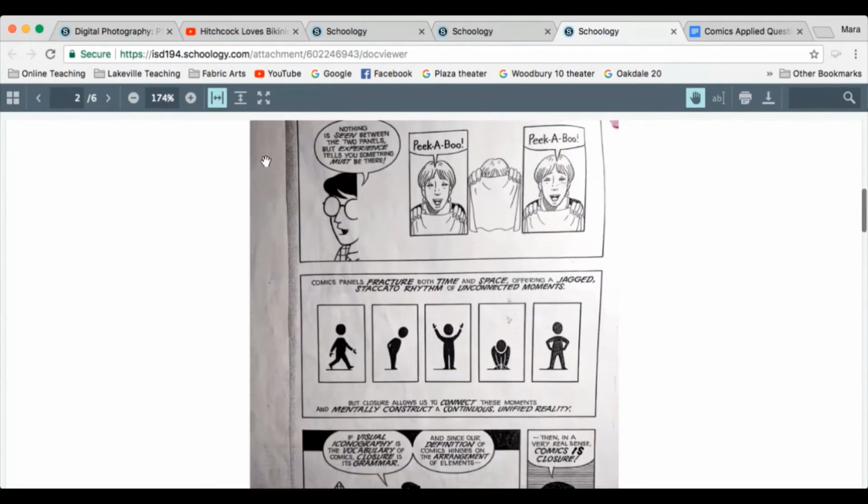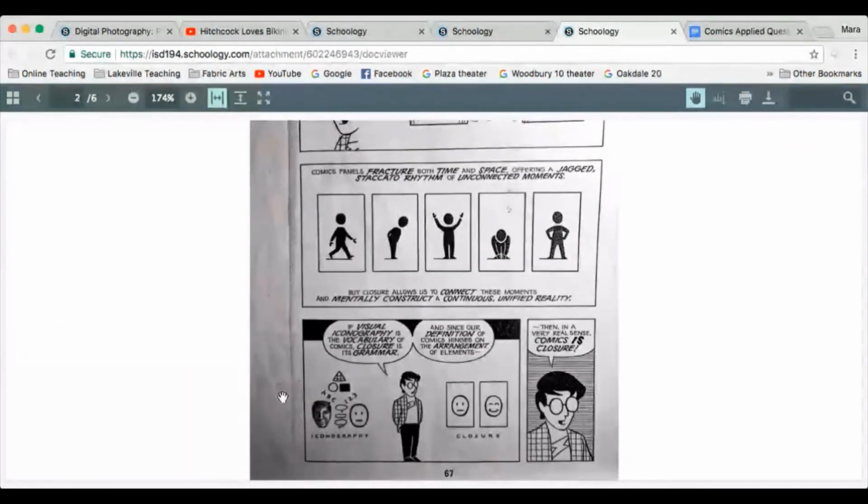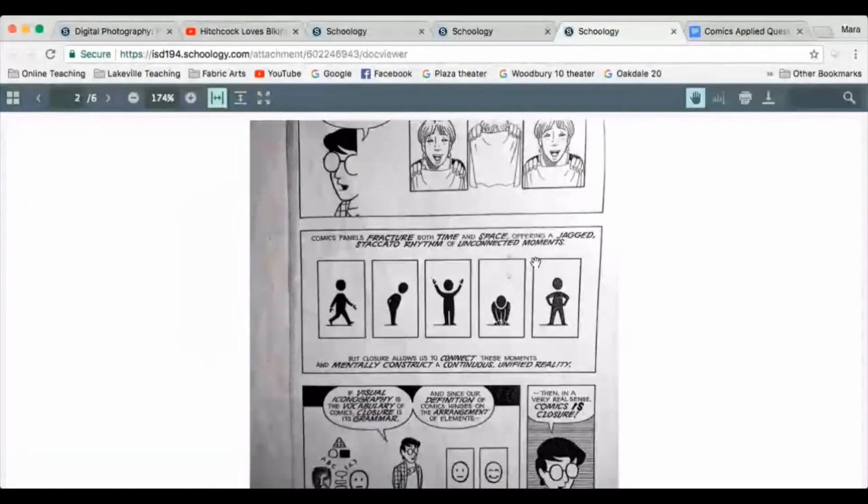We're talking about the composition of the whole page. All these panels together create the composition, how things are related in space. So we're talking about where they are on the page in relation to other areas. So this peekaboo panel happens above the staccato rhythm exercise panel, okay? So that's the composition of this image.